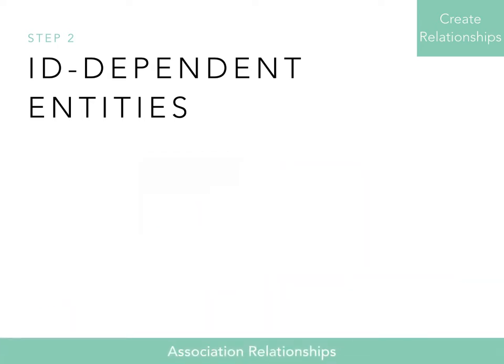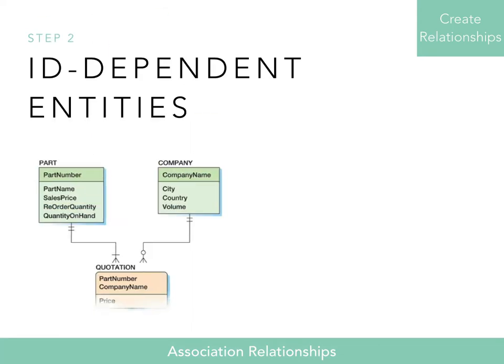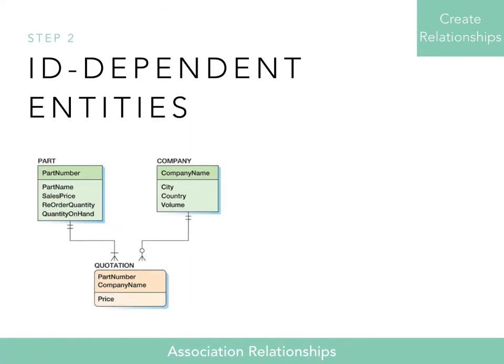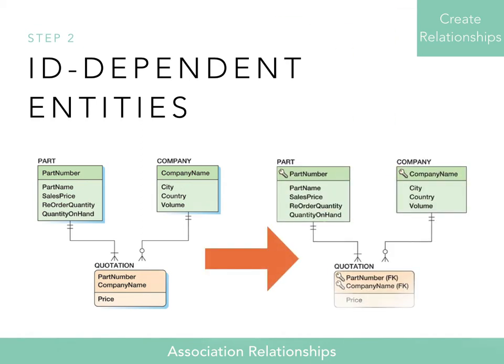So for association relationships, this is the entity. Remember this, it's an association because price is a property that only exists when part number and company name are together, and we would implement that in a pretty standard way with both of these being primary keys and foreign keys, and price is an attribute on that kind of intersection table.